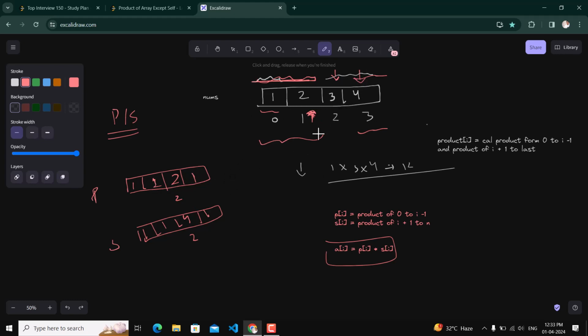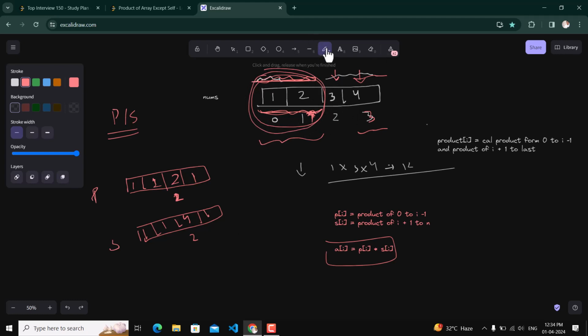Like how we are calculating, the second index is already holding a product of 2, which is the product from index 0 to index 1, and we want the prefix of the third index. So we have to take the prefix of one index less and multiply that with the I minus 1 element.